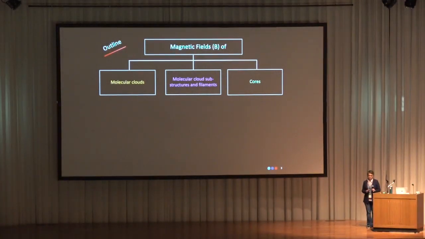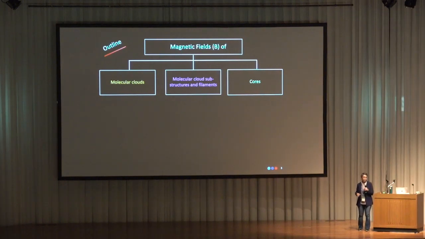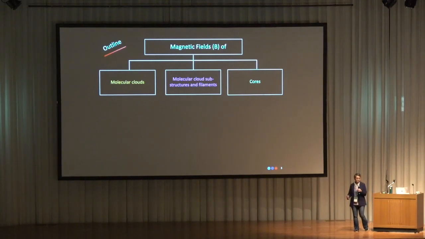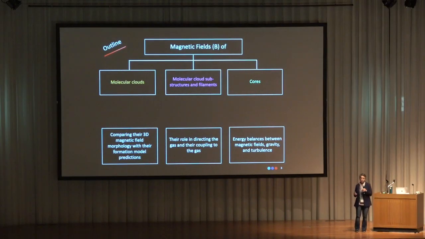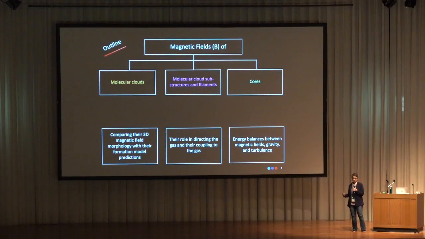All these observations have shown us that we cannot afford to ignore magnetic fields anymore. So in this chapter, we start by talking about magnetic fields of clouds, and then we get into the substructures and filaments within the clouds, and then we talk about magnetic fields of cores. And when we talk about magnetic fields of these structures, we have three main questions in mind.